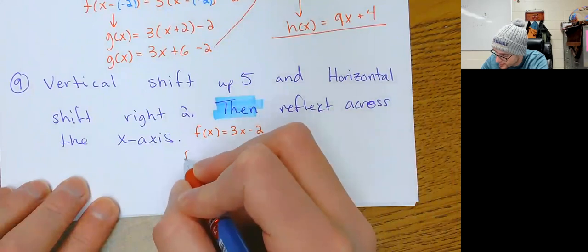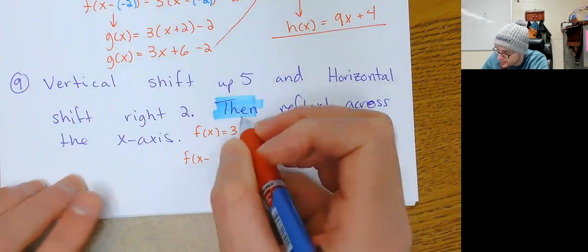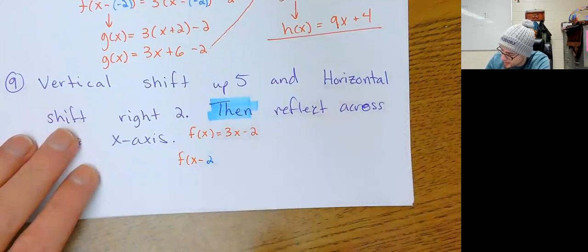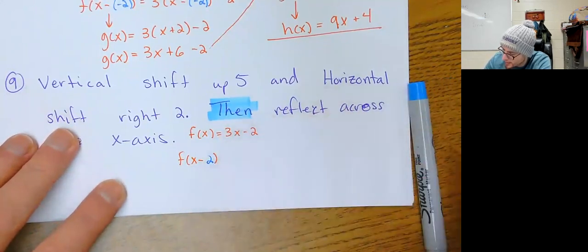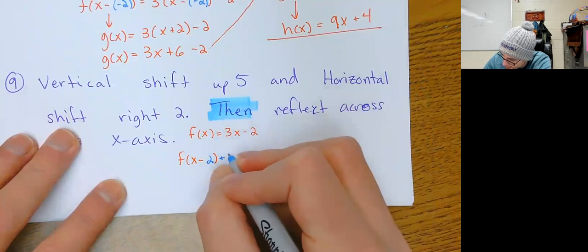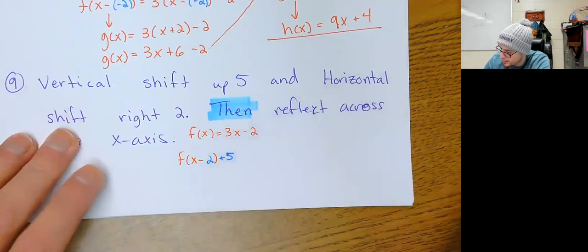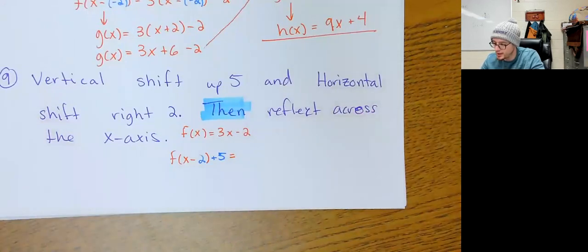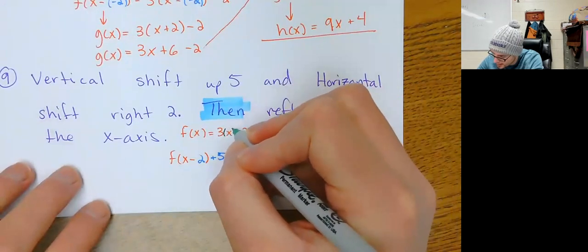So what we're going to have here is f of x minus a positive 2. And then we are going to go up 5. So what this means is we're going to need parentheses around the input.